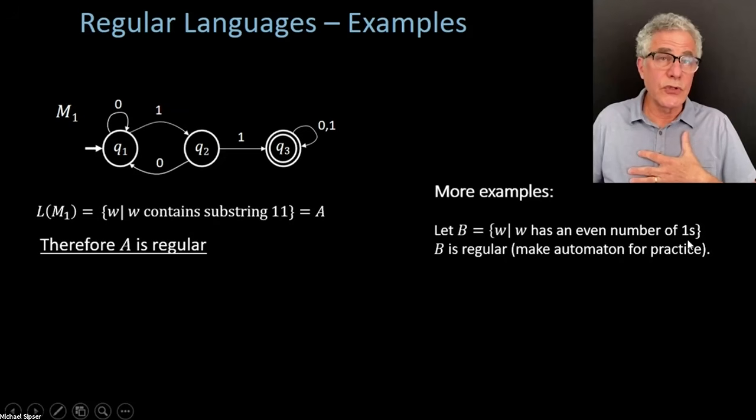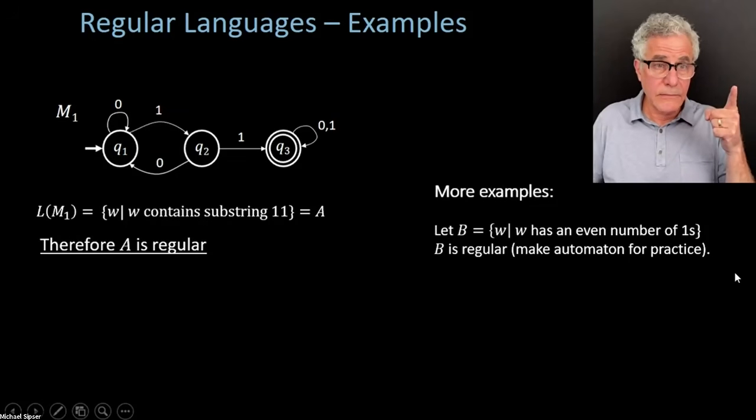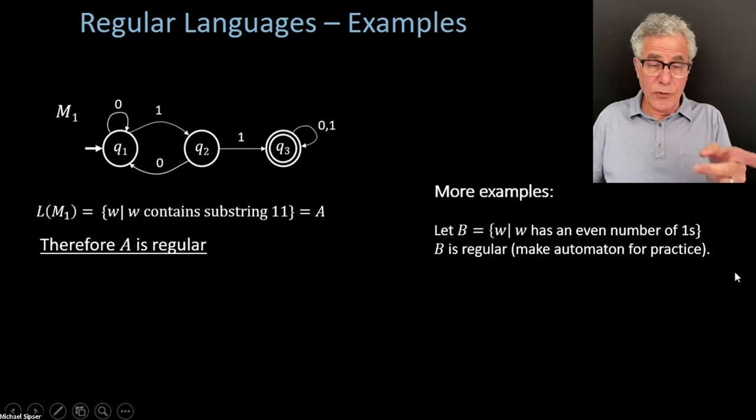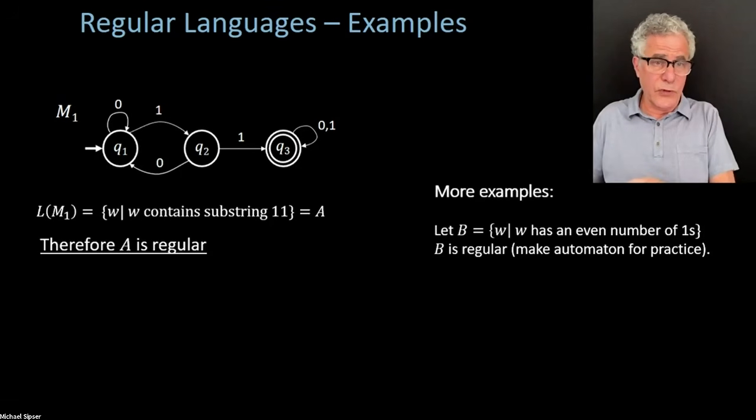Basically, the reason you can make a finite automaton which recognizes the language B is that the automaton is going to keep track of the parity of the number of ones it's seen before. It has 2 states, one remembering that it's seen an odd number of ones so far, the other remembering it's seen an even number of ones. That's going to be typical for these finite automata.